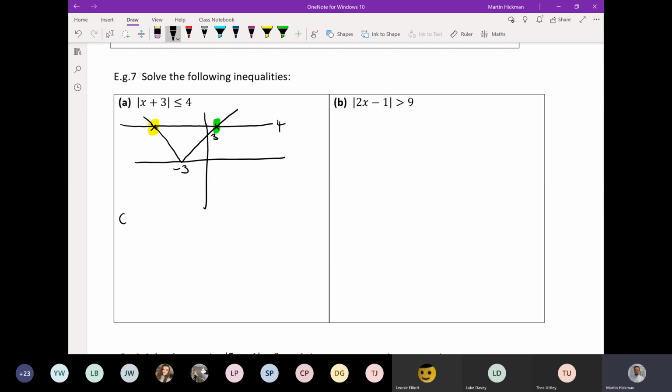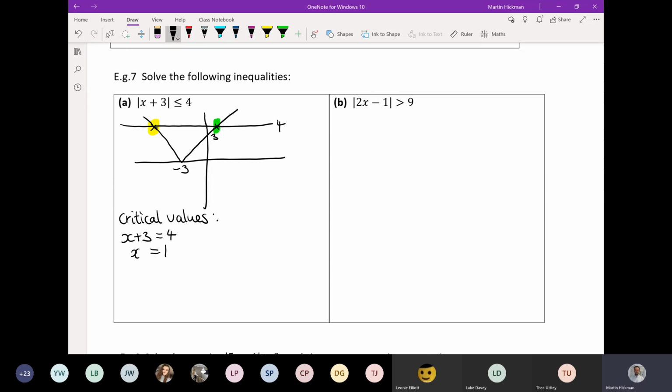But the first thing I'm going to do is I'm going to find my critical values. So if you remember from inequalities, your critical values are where instead of having a less than or equal to sign, just imagine you've got an equal to sign. Okay, it's where the modulus of x plus 3 is equal to 4. So firstly, finding that green solution, I just do it without the modulus, so just take it away and you've got x equals 1, okay, because that hasn't been reflected.